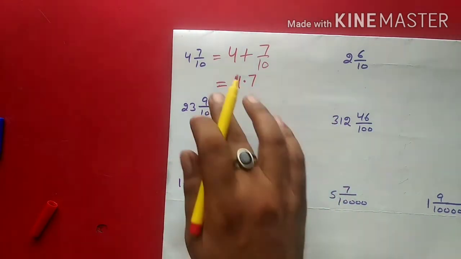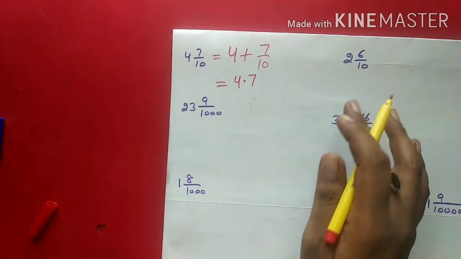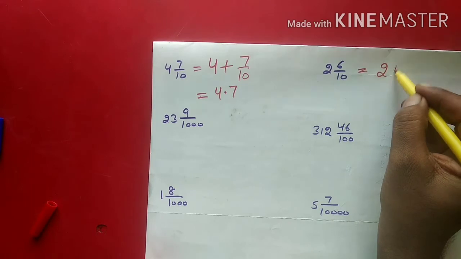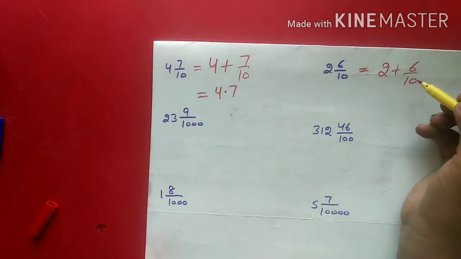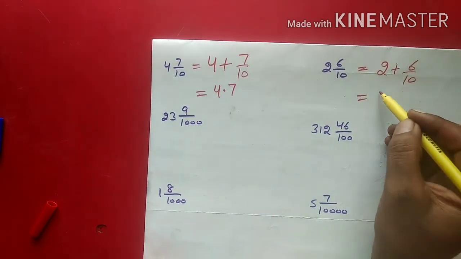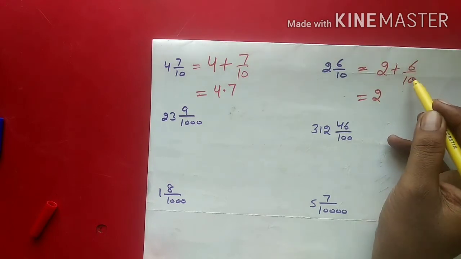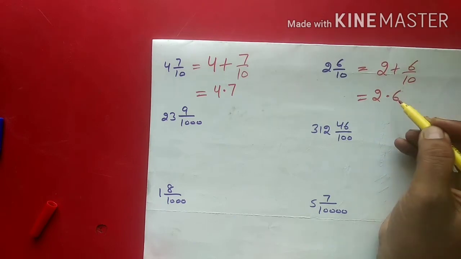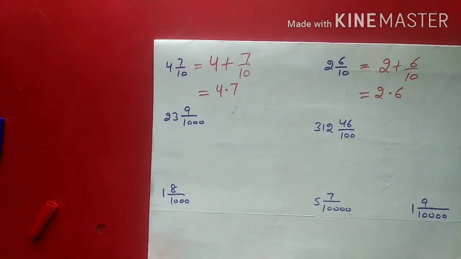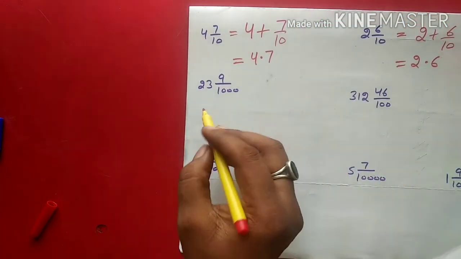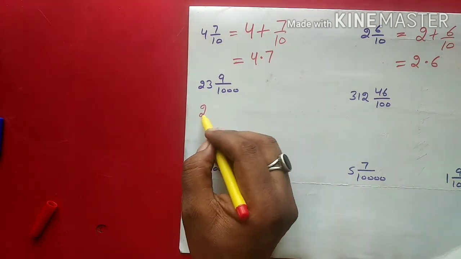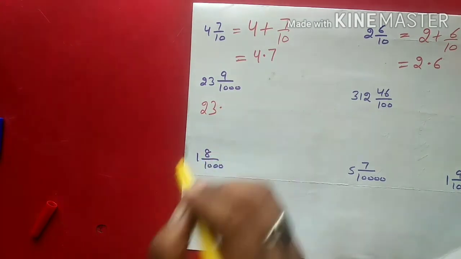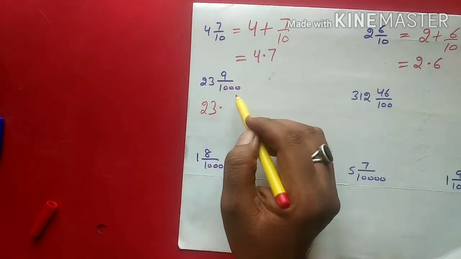Okay student, now I will think this type of question in another way. Here you can see I can write 2 plus 6 over 10. Okay, now 2, this is 6 by 10, so I will write this 0.6. Okay student, now here you can see that 23 is a complete number, so you will write 23, and after that you will write decimal, then 9 over 1000.